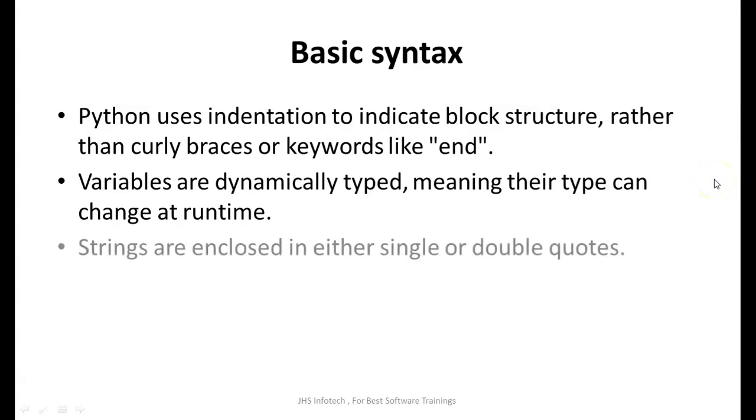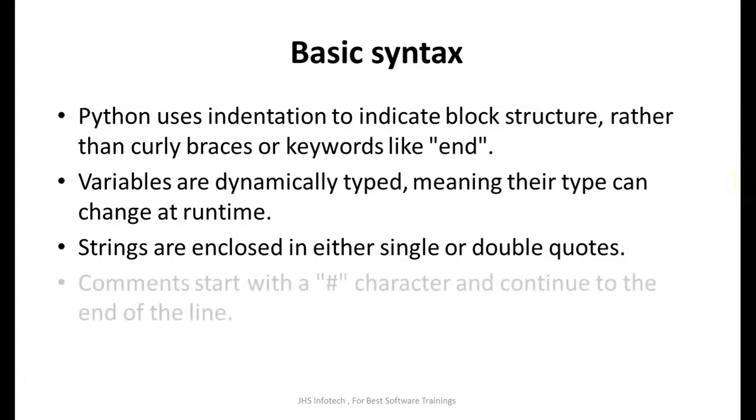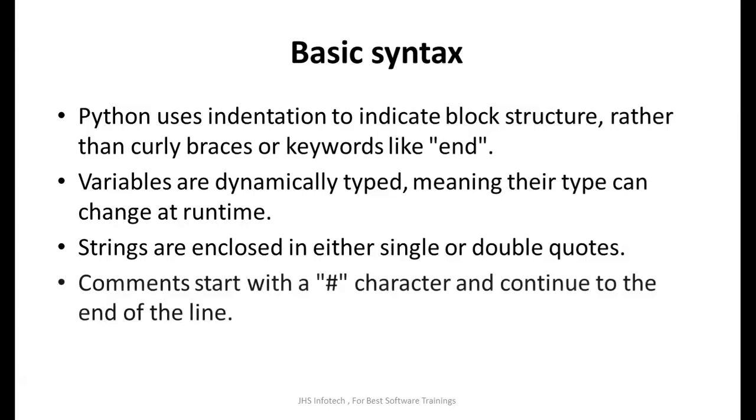Like if you have a field of type character, it can automatically become integer. Strings are enclosed in either single or double quotes. Comments start with the hash character, and any line which starts with a hash becomes a comment, meaning the system will not process it. It is taken as a comment, and the system leaves it and continues to the end of the line.